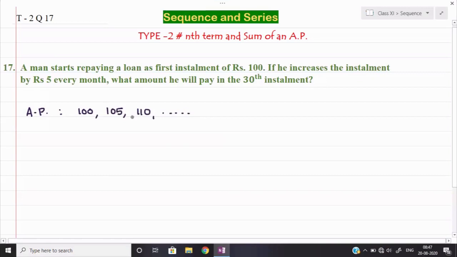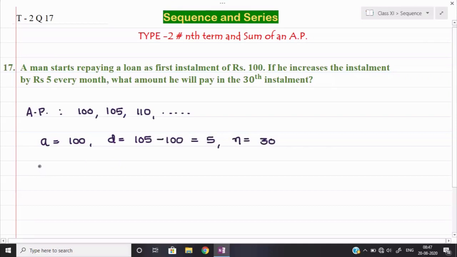Okay, and we have given that in this sequence the value of A will be equal to 100, then D will be equal to 105 minus 100, so it will be equal to 5, and the value of N is given as 30.